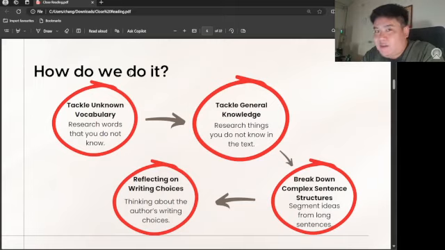The second step, once you have teased out the meanings and the nuances of the specific meanings of certain words in the text itself, then that's where you want to tackle general knowledge. Because often all your comprehension texts would talk about real life events or issues for which you may not necessarily have the knowledge.